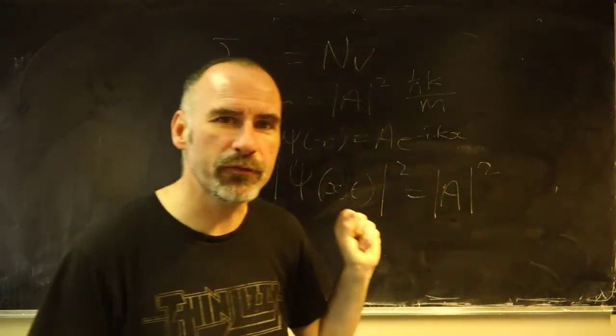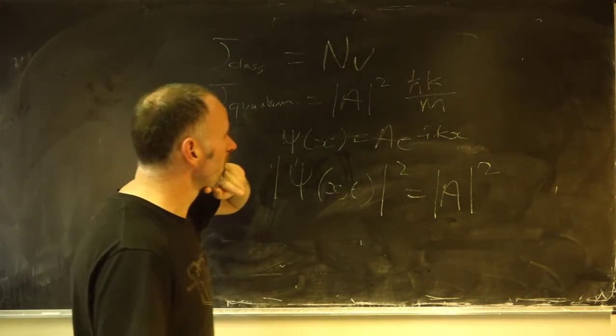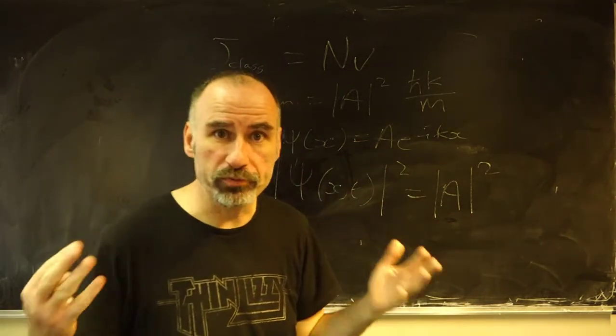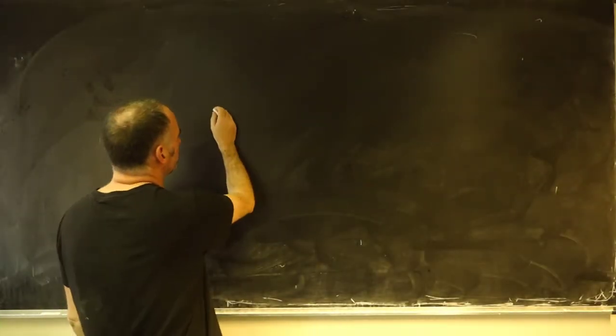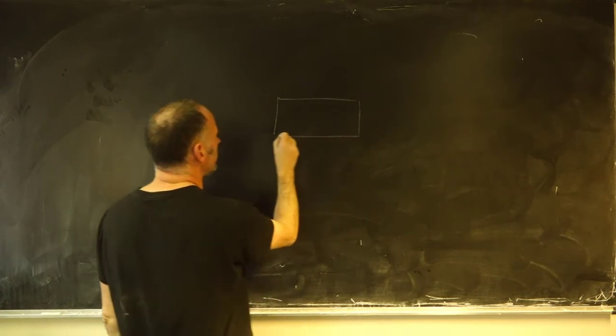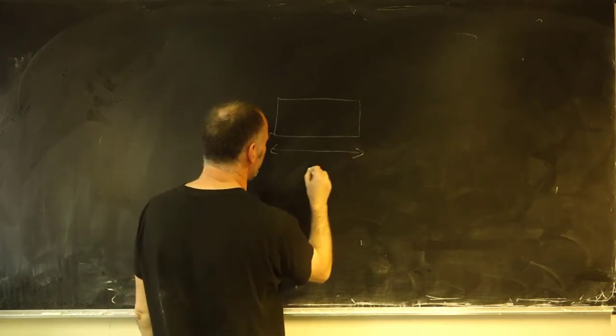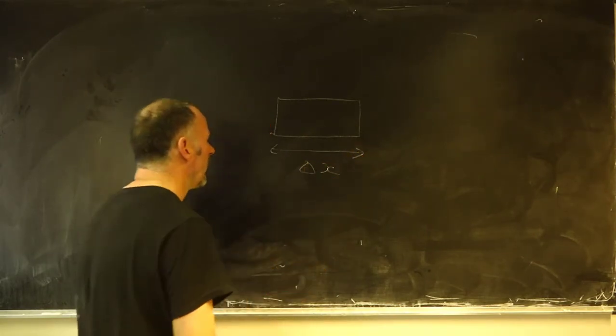Let's delve a little bit further into just what we mean by this flux, or what we also call probability current. And we do that with a pretty simple model. So we have some element which is delta x. I've drawn it as two-dimensional, but it's only one-dimensional.